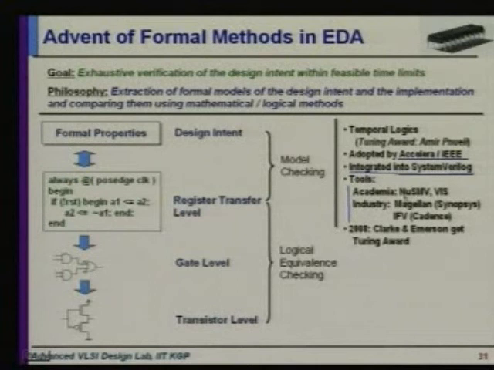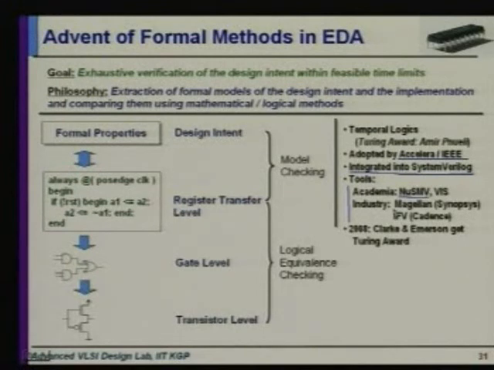This is a CMU tool for model checking. This is the Berkeley tool for model checking, and then you have the industry tools which have come up also within a very short period of time. Magellan is the tool from Synopsys. IFV is the tool from Cadence. I believe that you will be given some exposure to NuSMV.